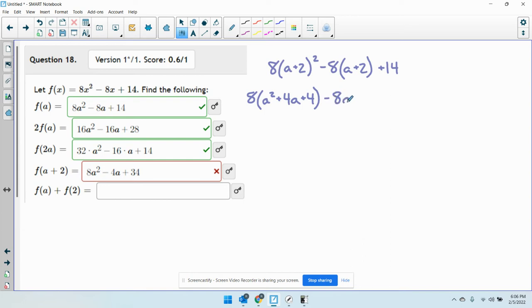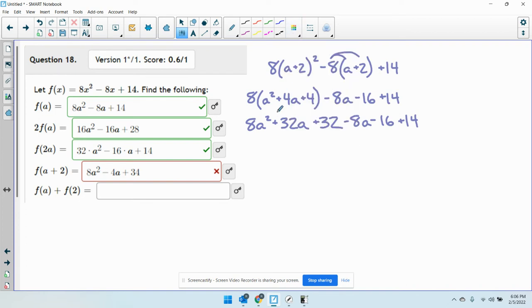Minus 8a minus 16 plus 14. Distribute the 8. We have 8a squared plus 32a plus 32 minus 8a minus 16 plus 14.